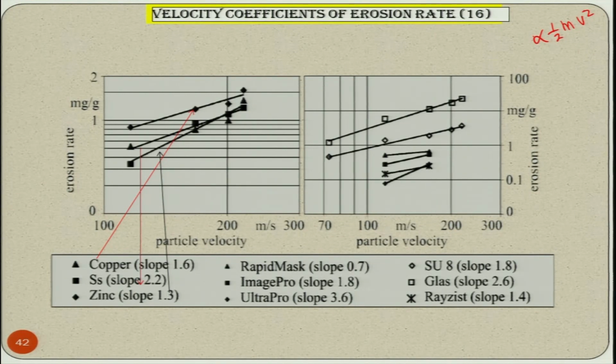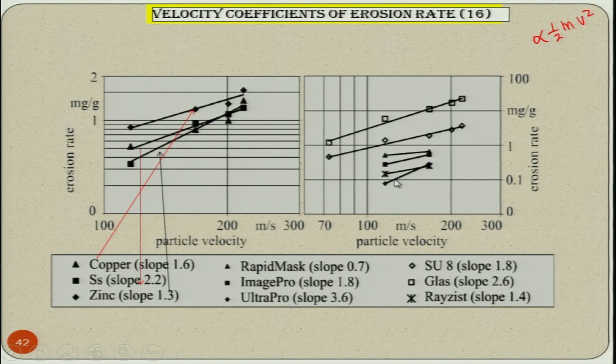As the velocity increases, the square of it affects the material removal rate or erosion rate. So, you can clearly see that erosion rate is proportional to the velocity of the abrasive particles. Now, again, erosion rate is shown here for different kinds of materials, and you can see the slopes given over here.